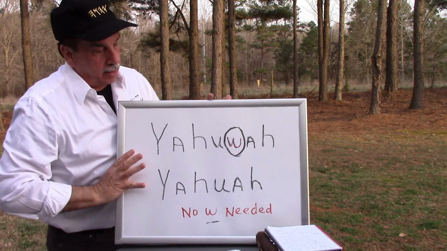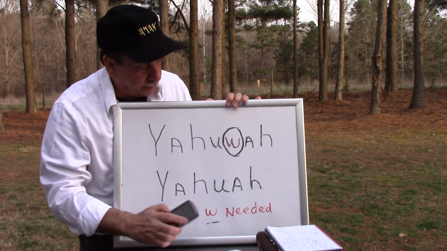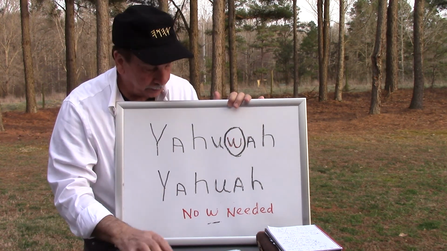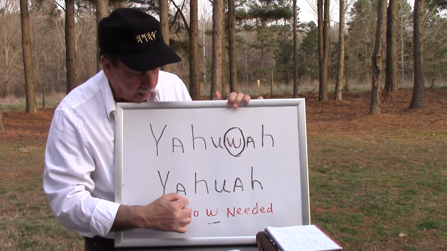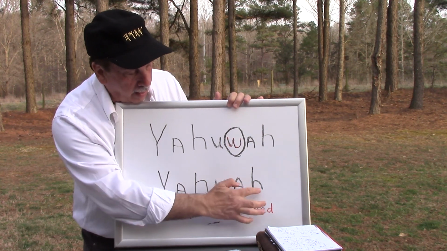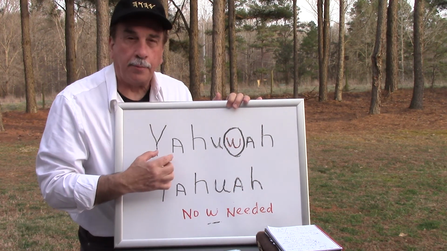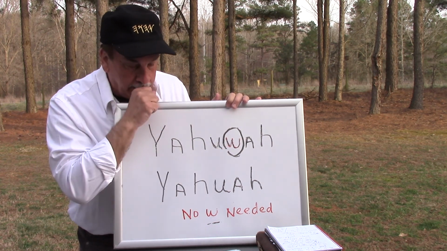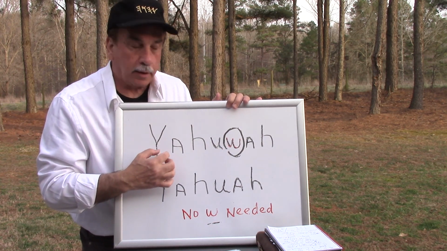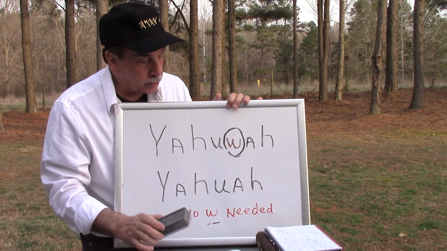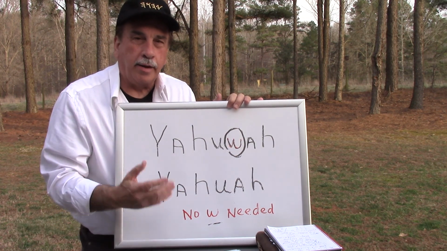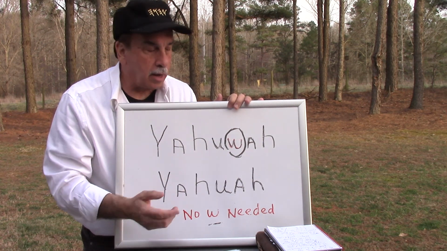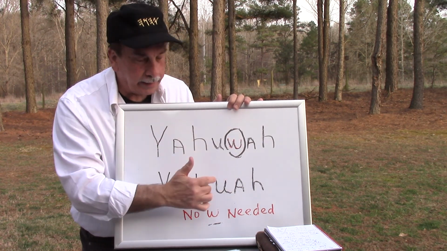Now, this is our Creator's name written with English letters. This is the accurate way, Yahuah. Now, a lot of people will write it out with a W in here. They use a W in here, which really is not only unnecessary, it causes confusion for a lot of people, because why put a letter in his name?